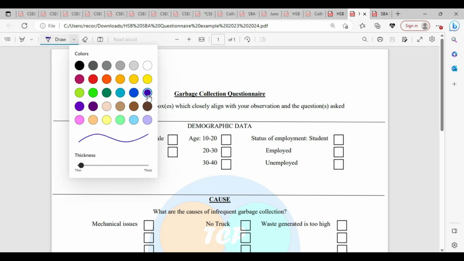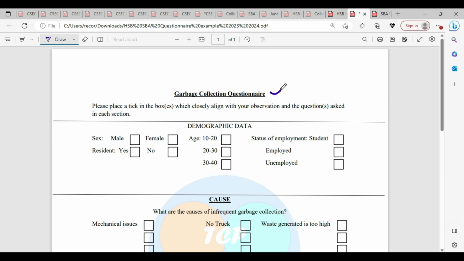So I'm going to be using my blue marker here to assist. Now the top area here is going to provide your title. So if you're using this template, you're going to change the title to suit your need. Not to show what you have been given, but you're going to be looking at what you have there as your SBA question, and you're going to make the title fit into that.